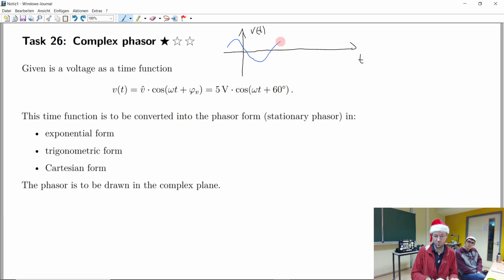Now, could look something like this. Yeah, so the first peak usually of the cosine function would be at this axis, and now it's shifted 60 degrees into this direction because of the plus here.